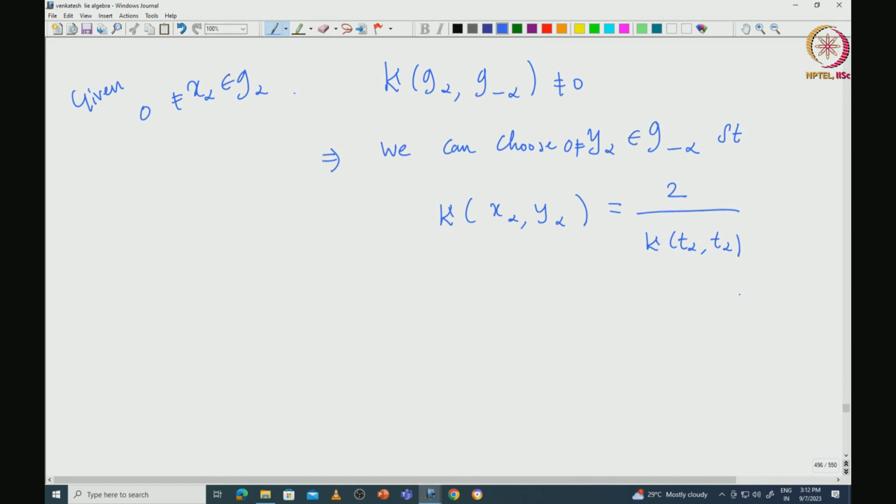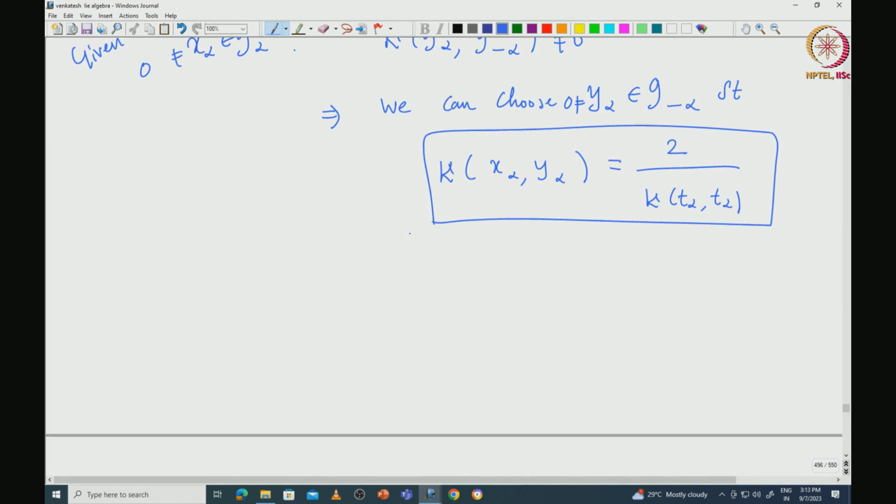Because kappa on g alpha comma g minus alpha is non-zero, it can take any complex number as a value, so we will be able to choose y alpha such that this happens.